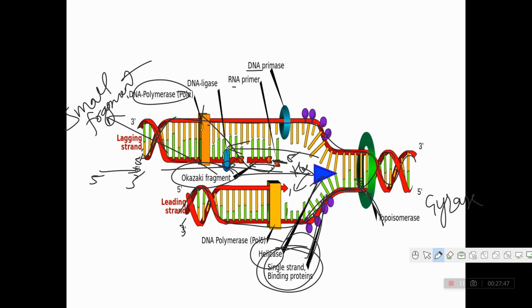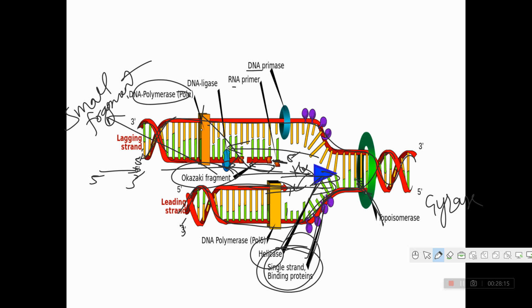That's why this happens. So in the other strand, what happened? This is a leading strand. In the direction of the replication fork, the polymerase will move. So here a complete single strand will be synthesized. So this is known as the leading strand.